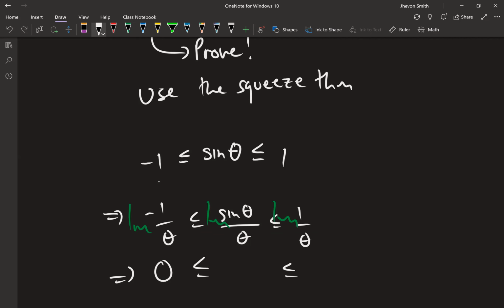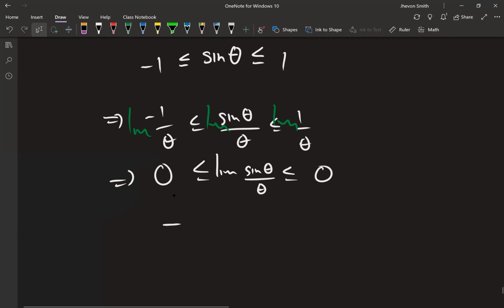Those both go to 0 for obvious reasons, because that's just the limit as theta goes to infinity of 1 over theta. It's just like the limit as x goes to infinity of 1 over x. And what you get now is that you have this limit stuck in here. So you could actually conclude, because this limit is squeezed between 0 and 0, the limit of sine theta over theta as theta goes to infinity is 0, right? So that's how you prove it with the squeeze theorem.